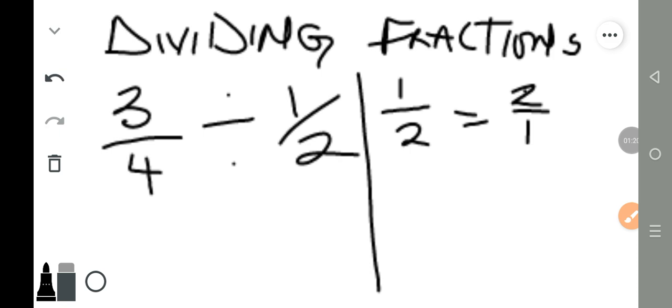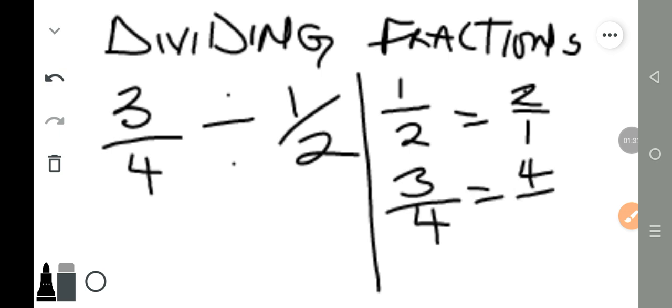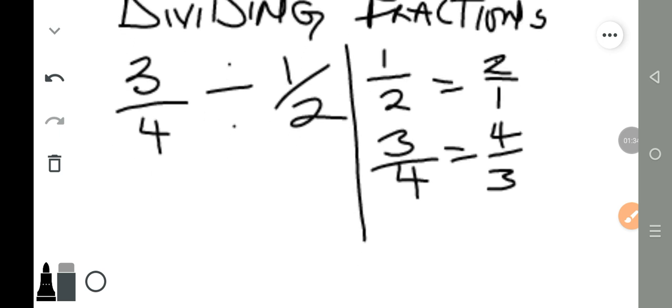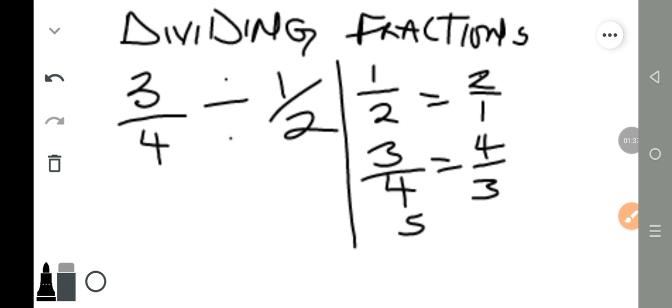You move the number in the denominator to the numerator and vice versa. The reciprocal of 3 over 4 is 4 over 3. You just flip it. The reciprocal of 5 over 1 is 1 over 5.